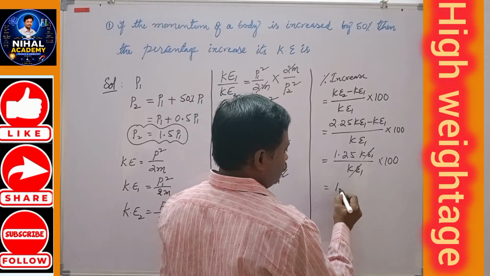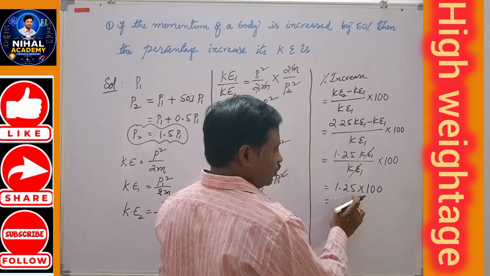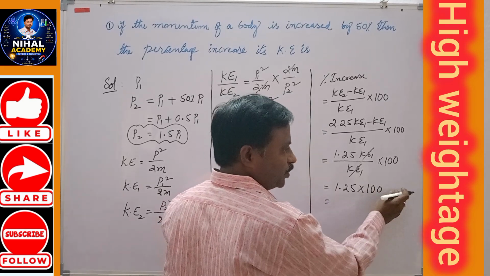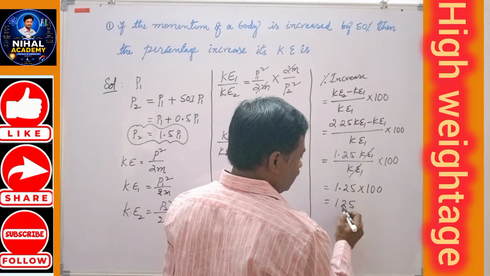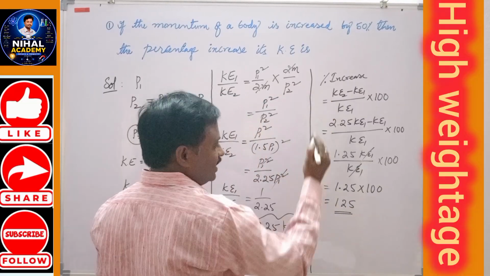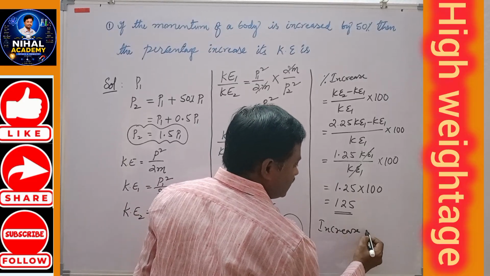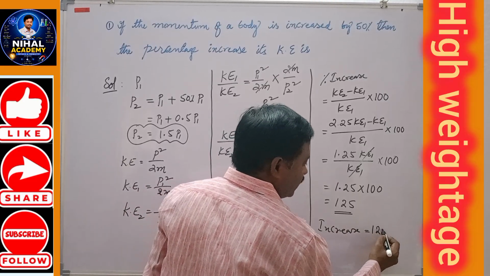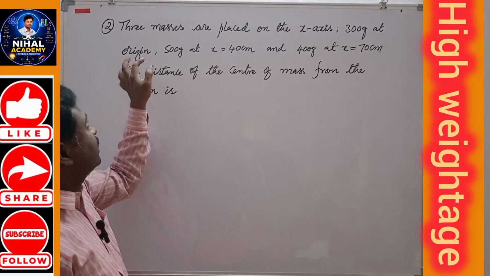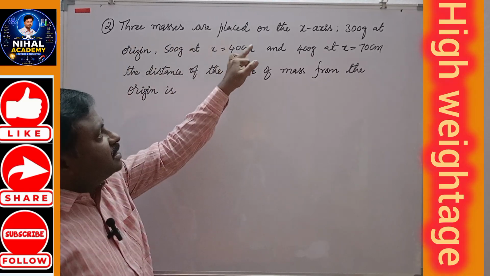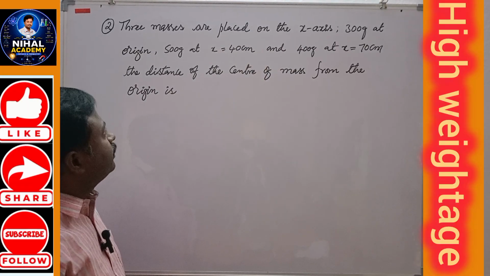So this is now 1.25 into 100. After the decimal there are 2 digits and here 2 zeros, so we can remove the decimal and simply write the number. So 125. So what is the percentage increase? The increase is equal to 125%.